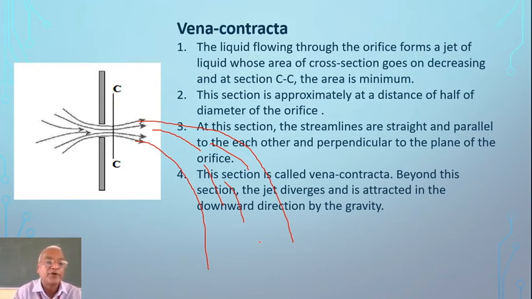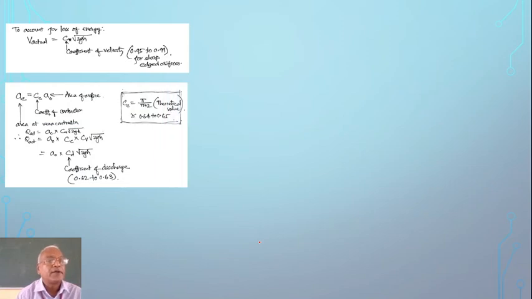There are a number of points that you can remember. To account for loss of energy, actual velocity will be slightly less. So it will be Cv into root 2 gh, and Cv is called coefficient of velocity. It is of the order of 0.95 to 0.99. Okay.